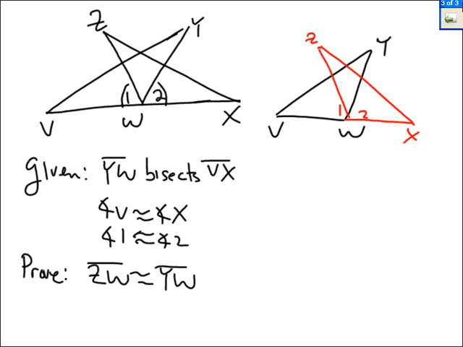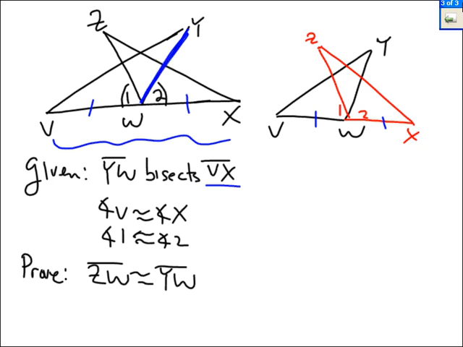YW is this length right here. It bisects VX, that is, it cuts VX in half. VX is this whole length. VX has been cut into two equal parts. So when it comes to the black triangle and the red triangle, we already have one side equal.